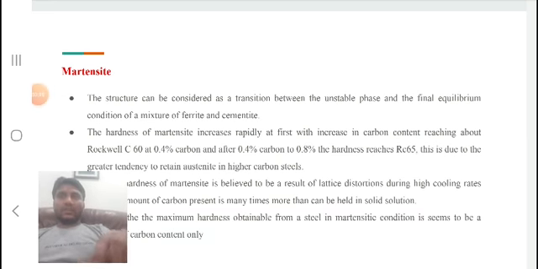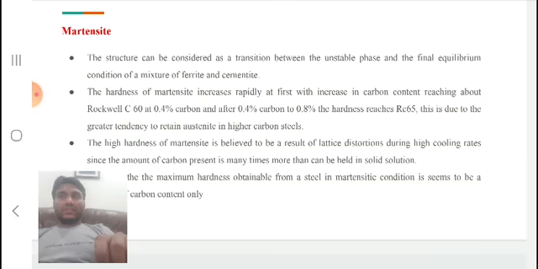reaching about Rockwell C60 at 0.4% carbon, and from 0.4% to 0.8% carbon, the hardness reaches 65. This is due to the greater tendency to retain austenite in high carbon steels.